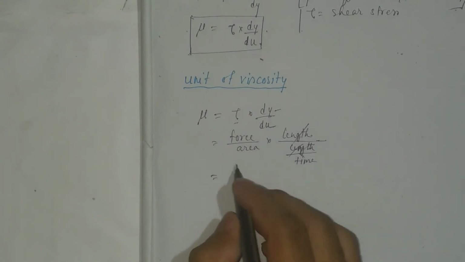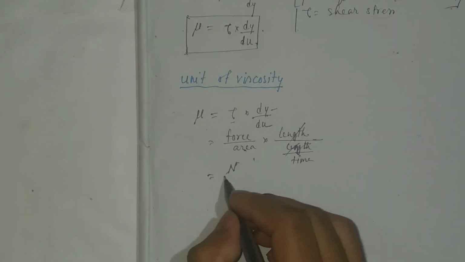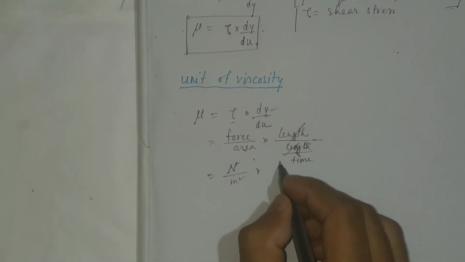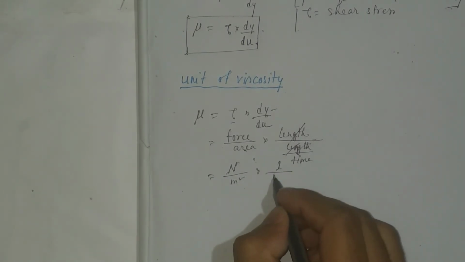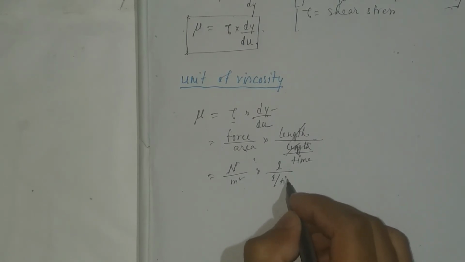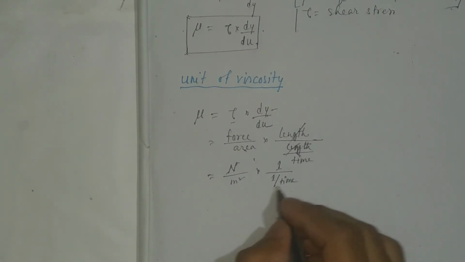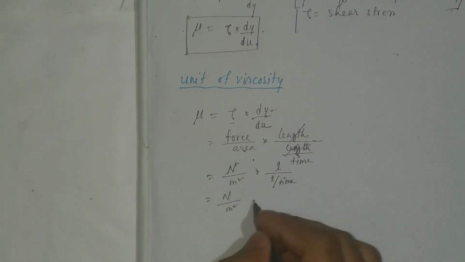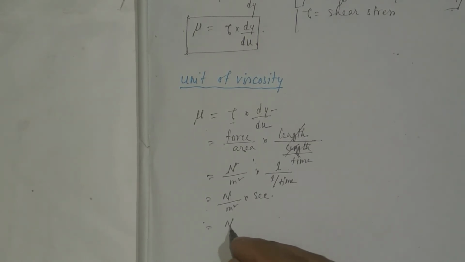Force is in Newton and area is in meter square. From here, 1 divided by time, here Newton per meter square, and the time in second, so Newton second per meter square.